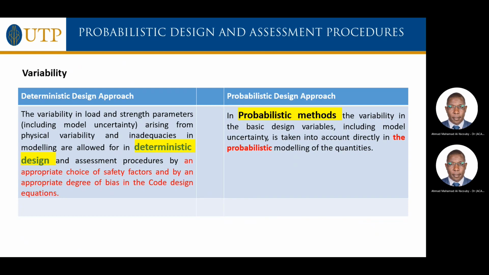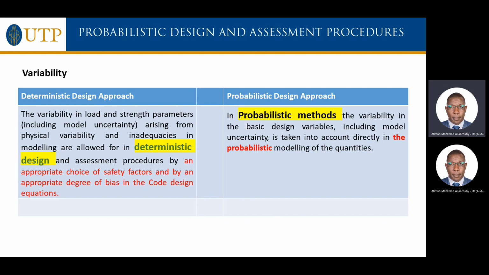Right? So here we can see a simple comparison between the deterministic design approach and the probabilistic design approach. As I have mentioned earlier, in the deterministic design approach, the variability in load and strength parameters, including the model uncertainties, are included in the safety factors only.